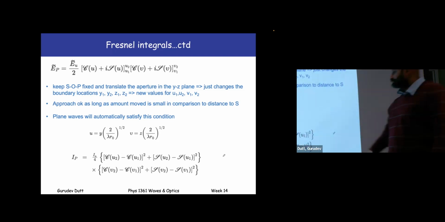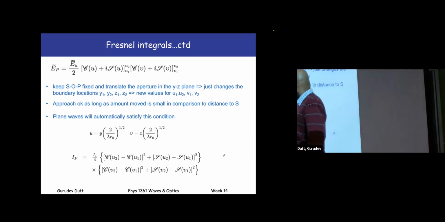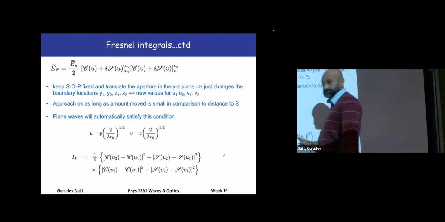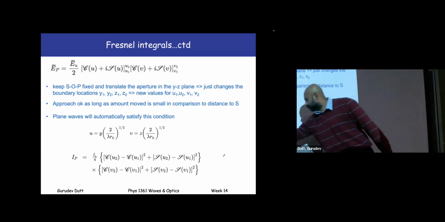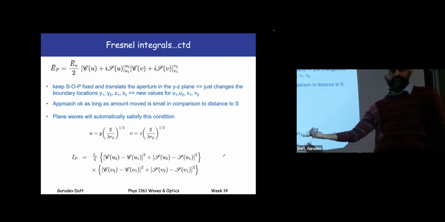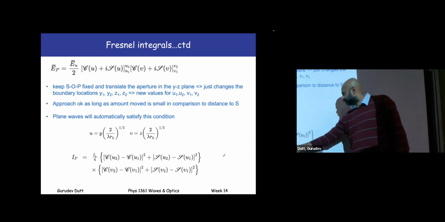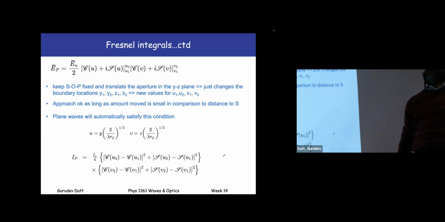So you can see that this is cosine U2 minus cosine U1. That's the real part squared plus the imaginary part squared. Similarly, cosine V2 minus cosine V1 squared, plus the real part of the V integral and the imaginary part of the V integral squared. So that gives us the answer.